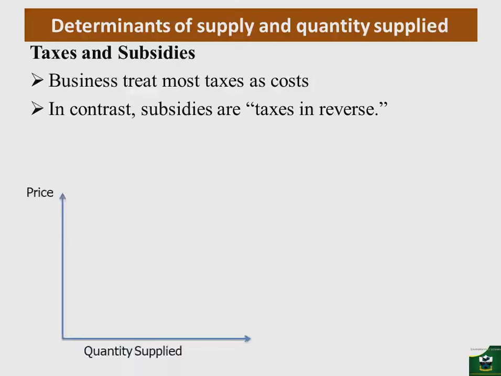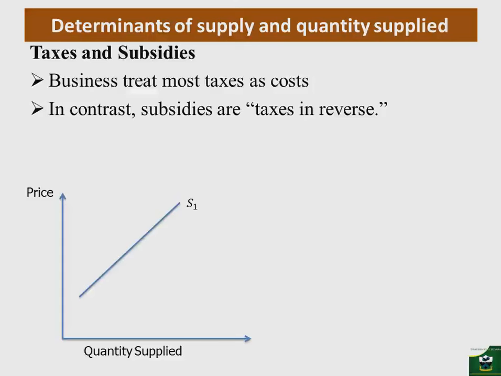Graphically, if we have a price on the vertical axis and quantity supplied on the horizontal axis, and our initial supply curve S1, for the effects of a tax starting with the tax, if there is a reduction in the tax which firms are supposed to pay, it means the cost of production reduces.